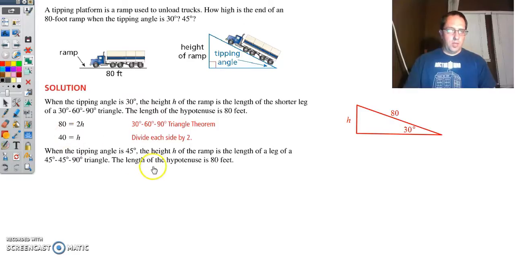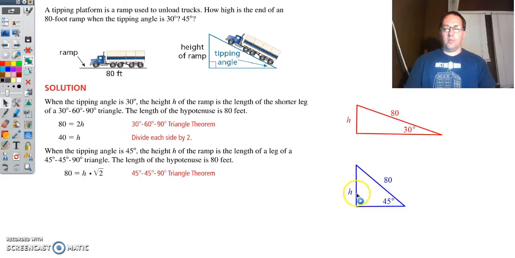Now, what if it's 45, 45? So 45-degree angle, we've got a 45, 45, 90. Hypotenuse is 80 feet. Well, the hypotenuse is equal to the leg times the square root of 2.